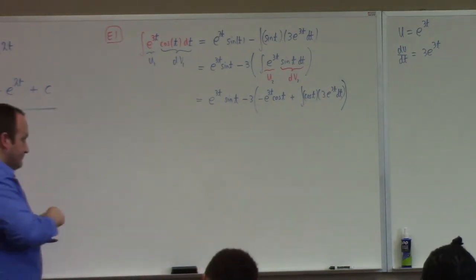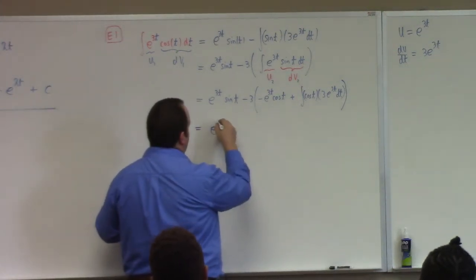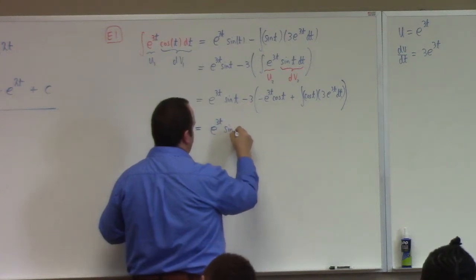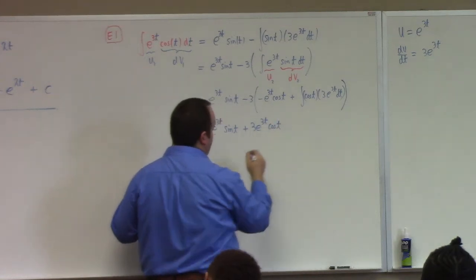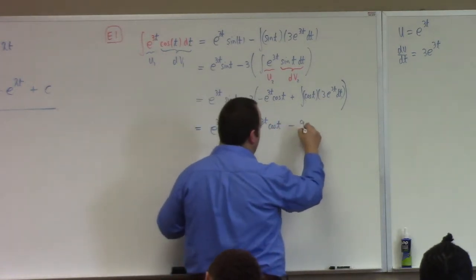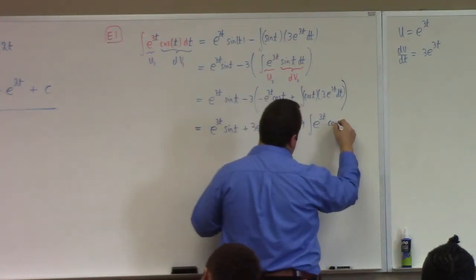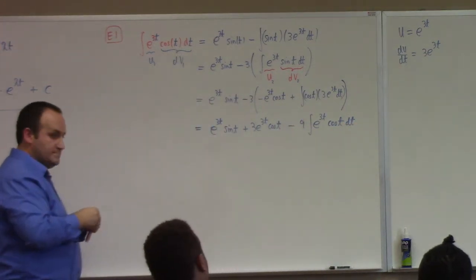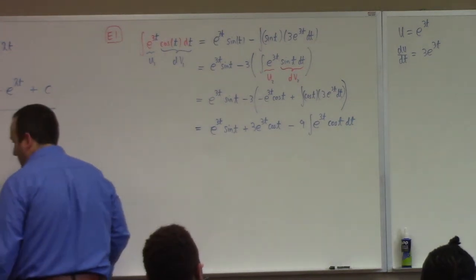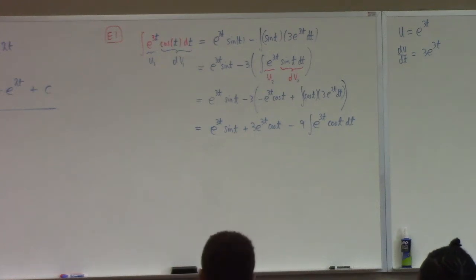All right, so let's clean things up. Almost done, almost home. So this is e to the 3t sine t plus 3 e to the 3t cosine t, right? Minus 9 times the integral of e to the 3t cosine t dt. I don't think you need to write this, what I'm about to write, but I'm writing it because if I don't, you guys are going to ask about it.